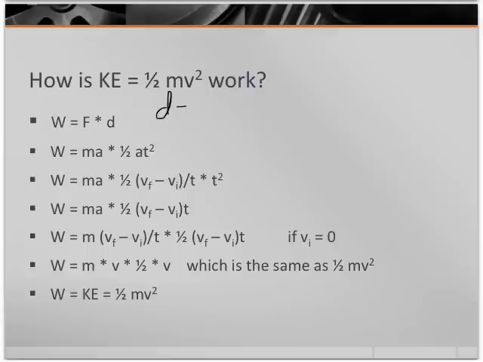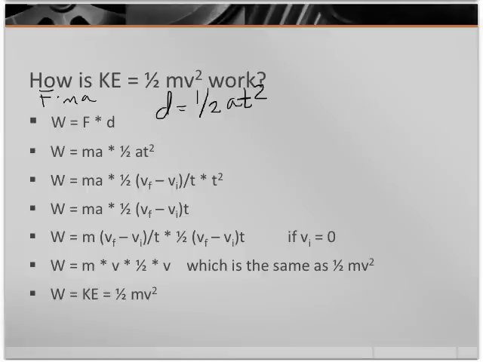You should remember from last semester, or at least recognize, there was a distance equation that involved acceleration. So we can replace d with that. So we have mass times acceleration times, and force is replaced with ma, times 1/2 at squared.